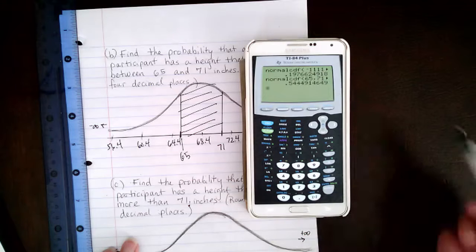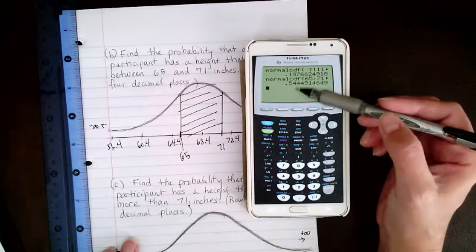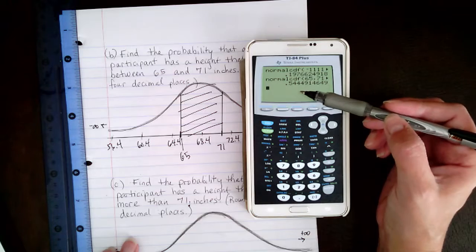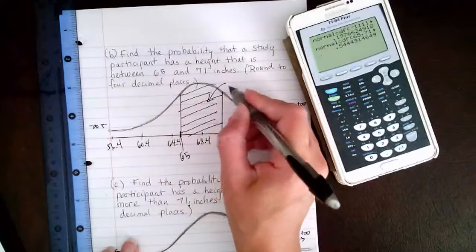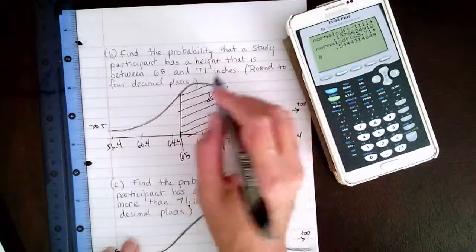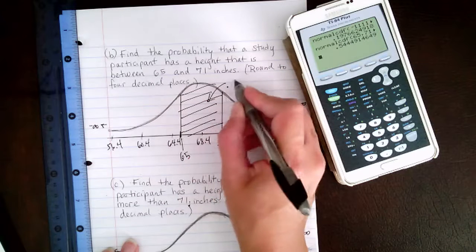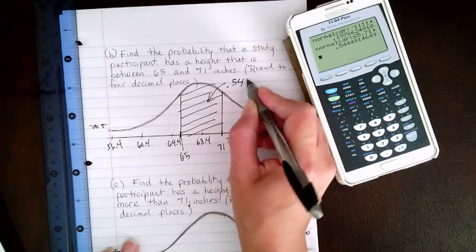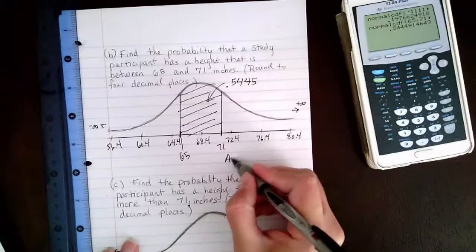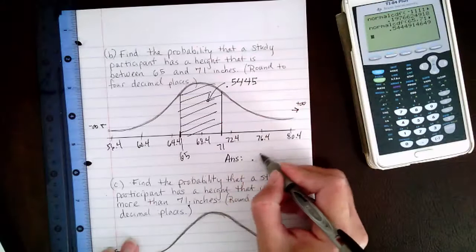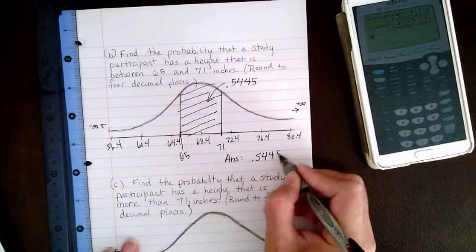Okay. If I round to 4 decimal places, I get 0.5445. So the area here, under the bell curve, the probability is 0.5445. So that is the answer.